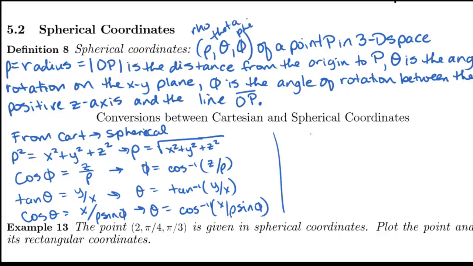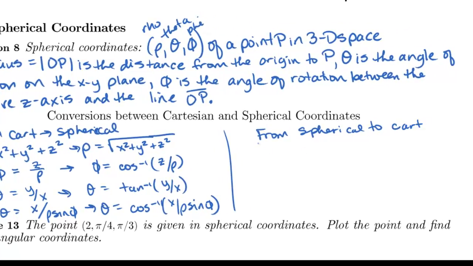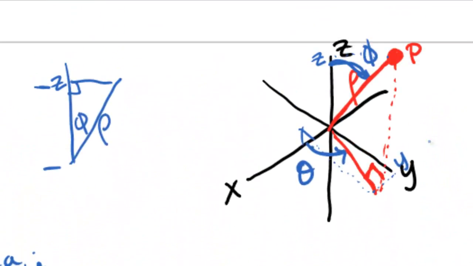Going the other way, again, we just kind of reverse some of these equations in a way. If we again look at the triangles, if we've got all of these angles here, we want to find x, y, and z.